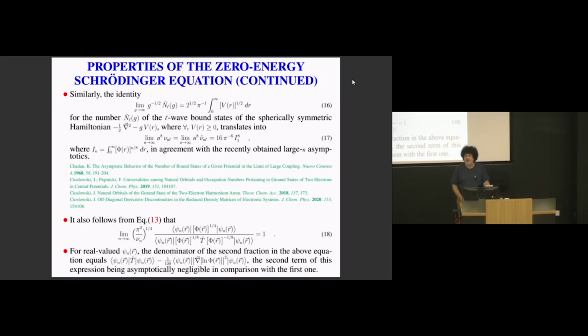And that's exactly what I showed you before, because I was showing you natural amplitudes that were decaying like n to -4. So when you square it to get occupation numbers, you get n to -8. Now, of course, the question is whether we get the prefactor correct, and in fact it is.